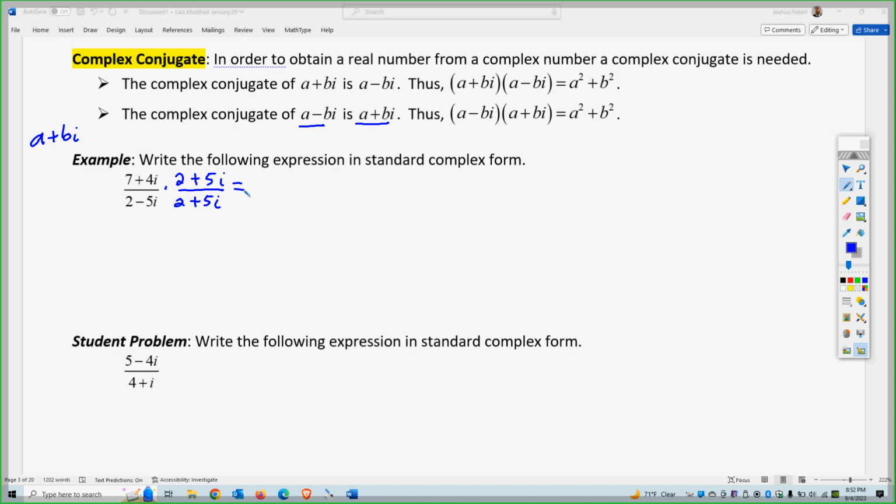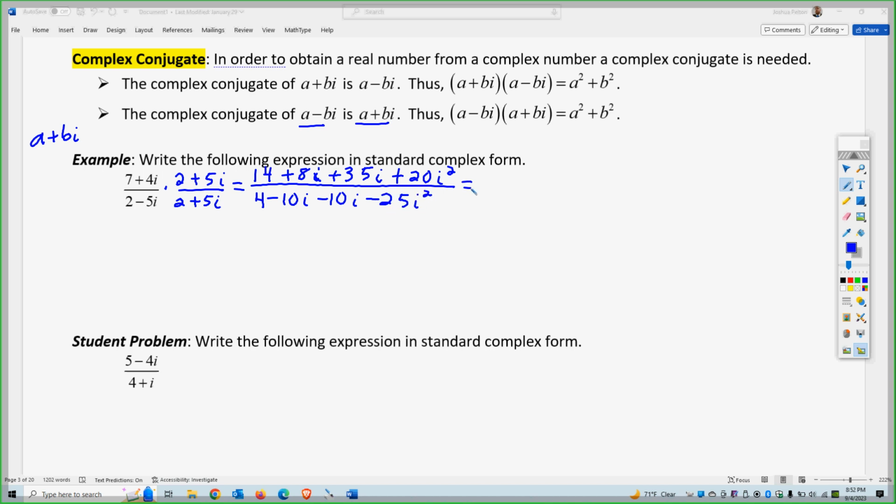On the top, when I distribute, I get 14 plus 8i plus 35, whoops, plus 35i. And then 5 times 4 gives me 20i squared. And on the bottom, if I distribute, I get 4 minus 10i minus 10i minus 25i squared.